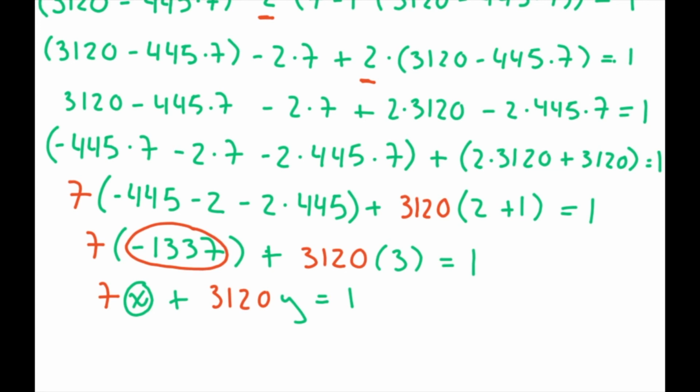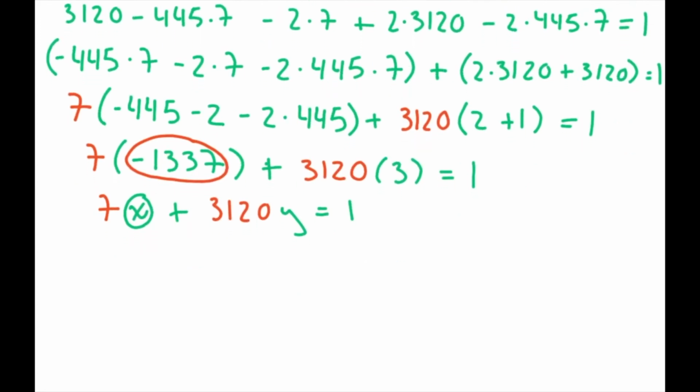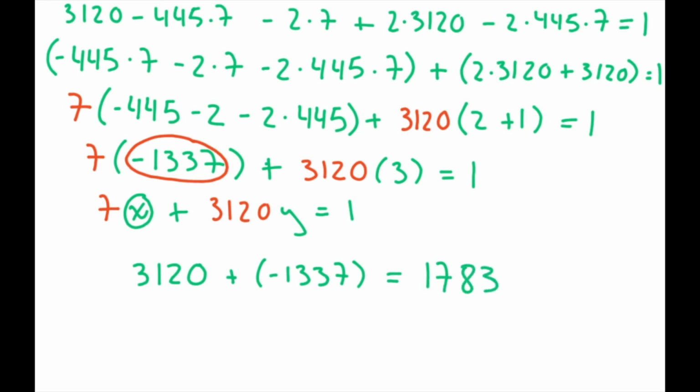If you get a negative value like this, the last thing that you have to do to actually find d is take your value of phi n, which in our case is 3,120, and add that negative value to it. So you get a value of 1,783, which is the exact same result that we got when we used our first, more intuitive approach to computing d. So we're all set.